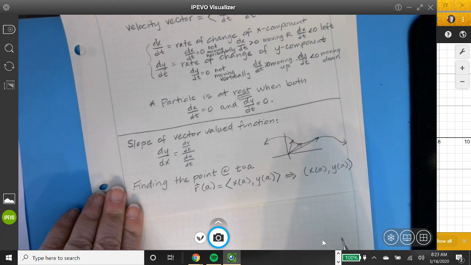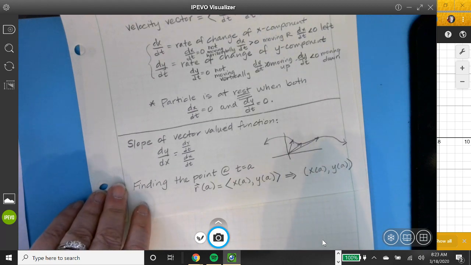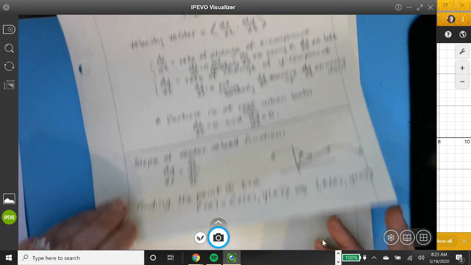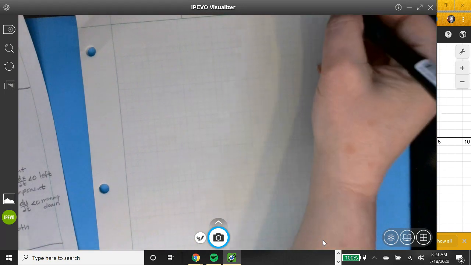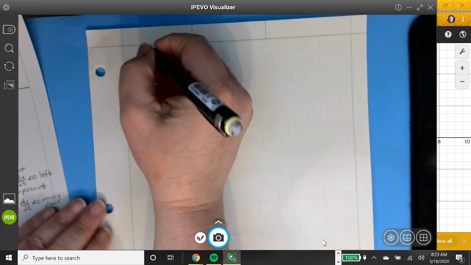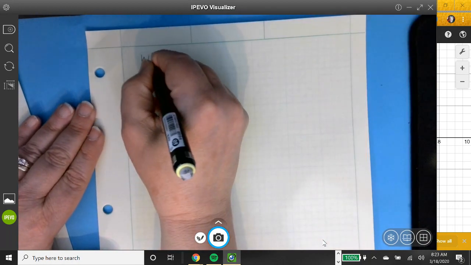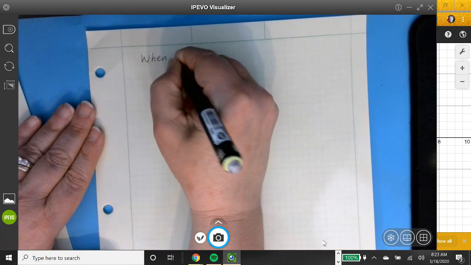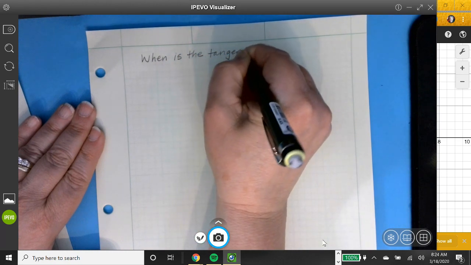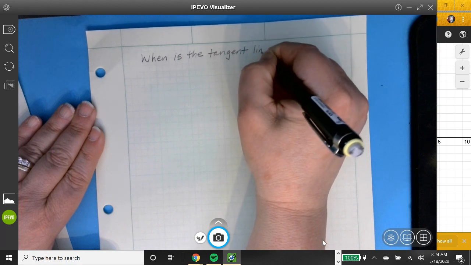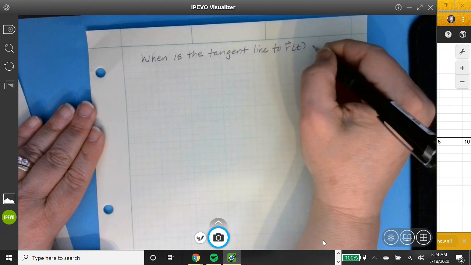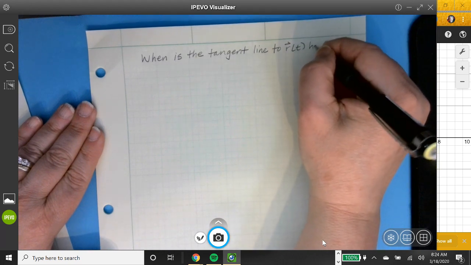Okay, so that's pretty self-explanatory. Now, the other thing we typically like to know is when the tangent line to r(t) is horizontal.